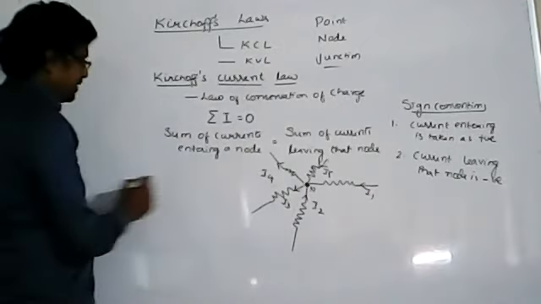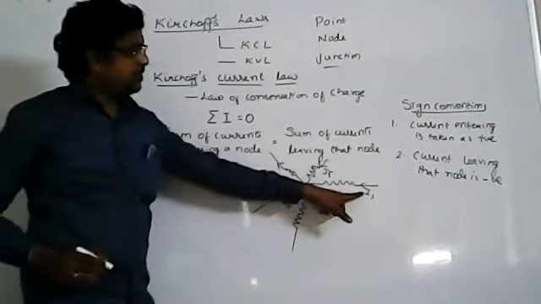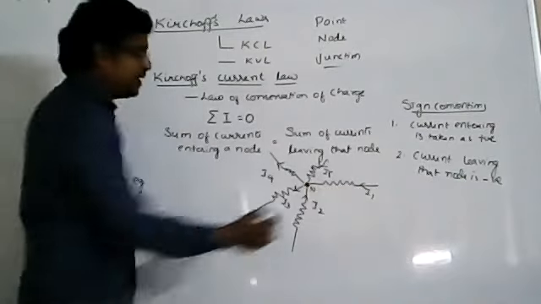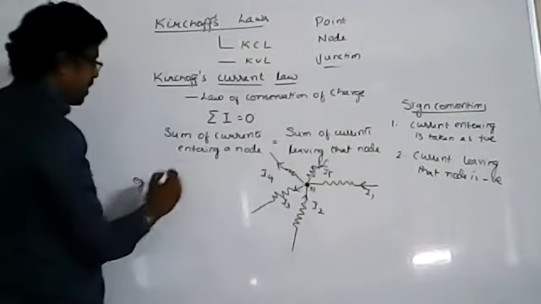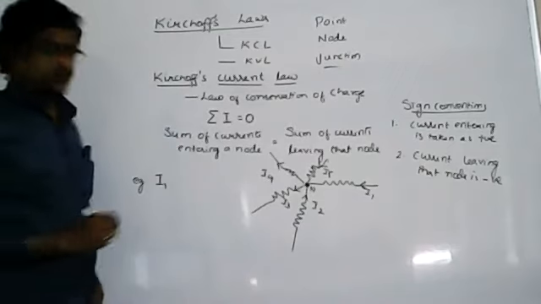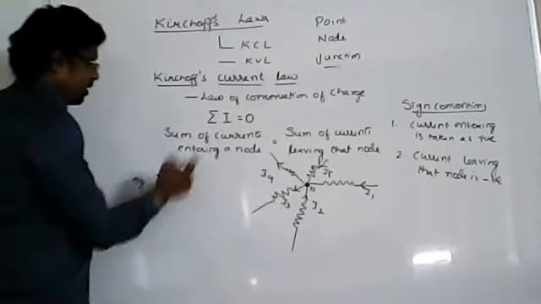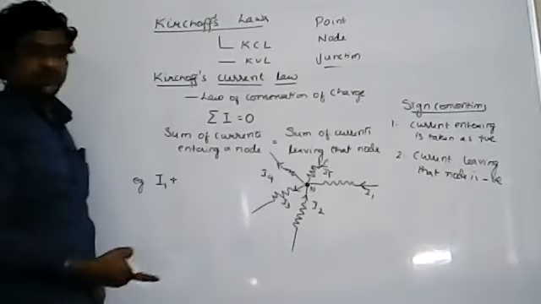Then, in this example, let us start from I1. I1 is the current entering the node, so it is positive. Then I have to sum up and equate to 0: sigma I is equal to 0.